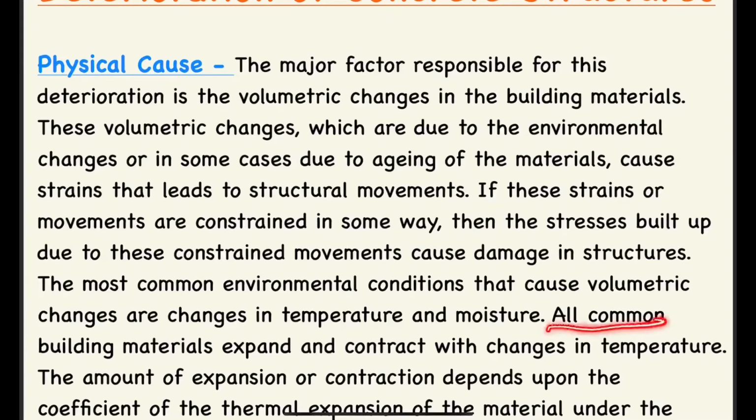So all common building materials expand and contract with changes in the temperature. We know that building materials expand, and they also contract. How does that happen? That happens because of the changes in the temperature. If there is cold, if there is warm temperature, then definitely it would have some effect on the concrete structure.